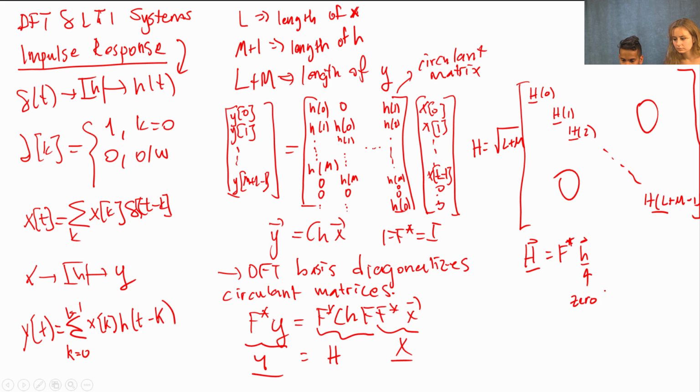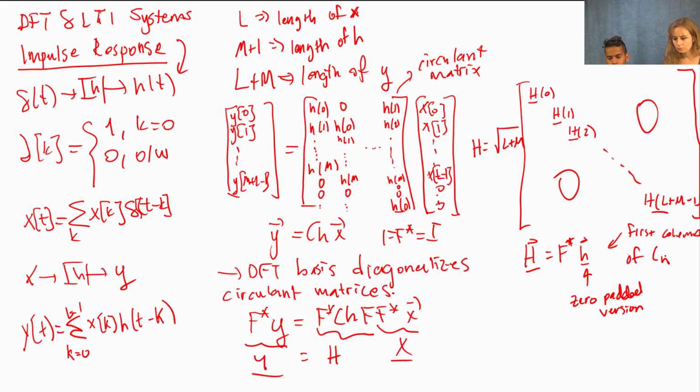What we're trying to say is that if you take the first column of C_h and transform it to the frequency domain, you would get the big H's going from 0 to m plus L minus 1. That's essentially it.